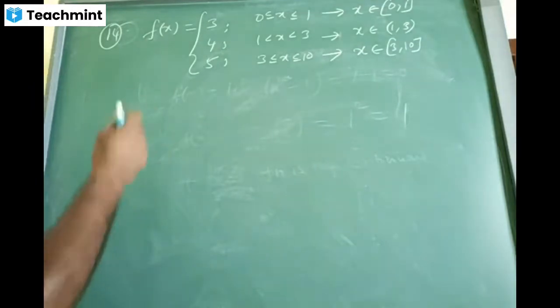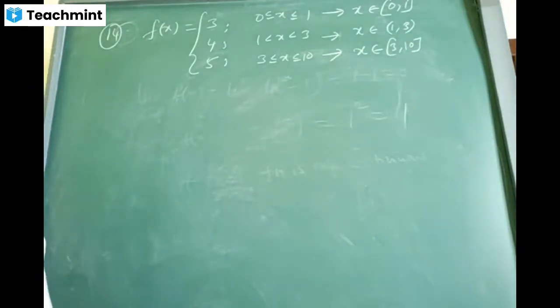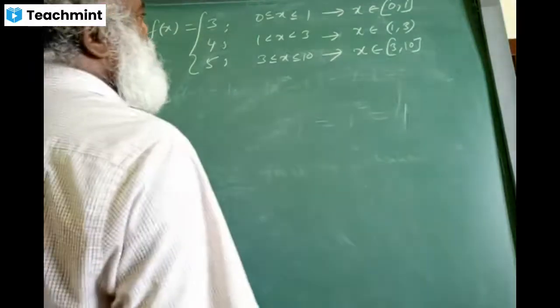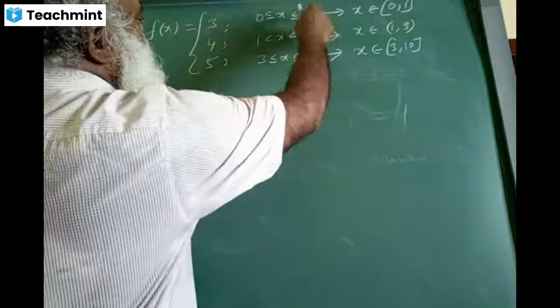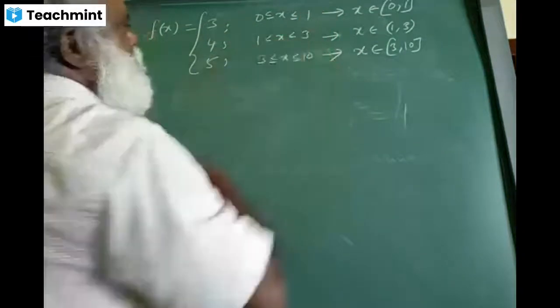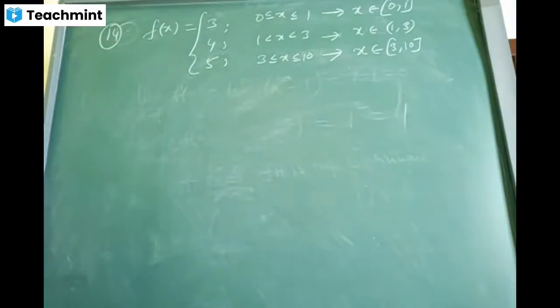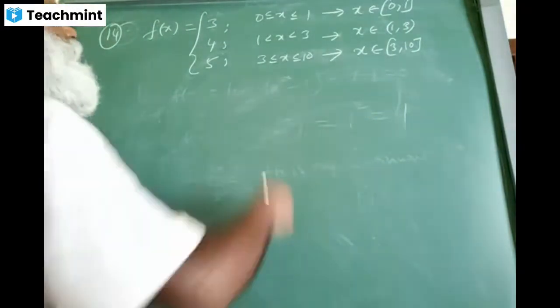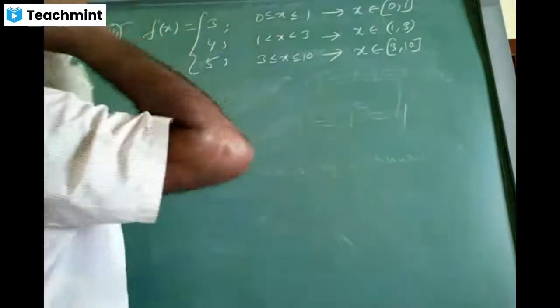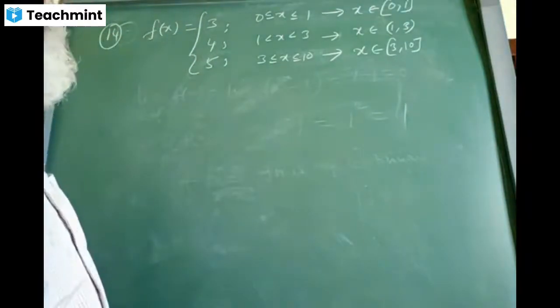Anyway, friends, how many points are there here? There is a 0, there is a 1, there is a 3, there is a 10. 0 is included.